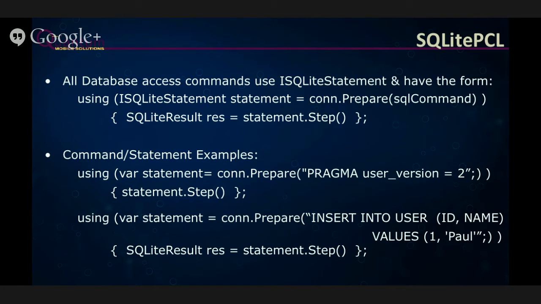So all database access commands use this interface, SQLite statement, and they're going to have this form. Basically, the statement equals the prepared command. You prepare it on the database connection, and you pass it the command, and then you implement it through this thing called step. You run a step on the statement and get the result out of it.